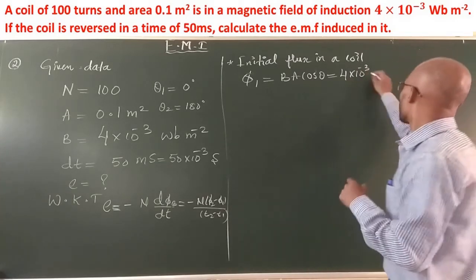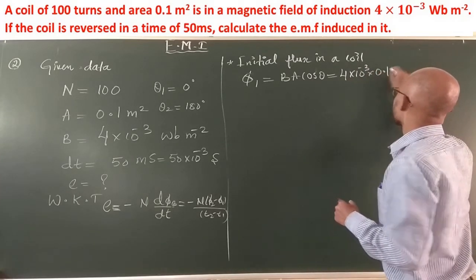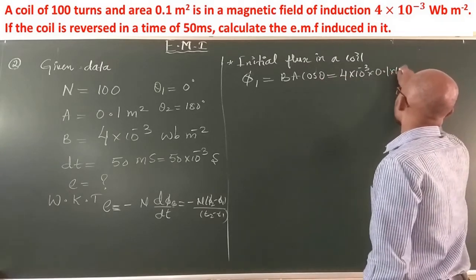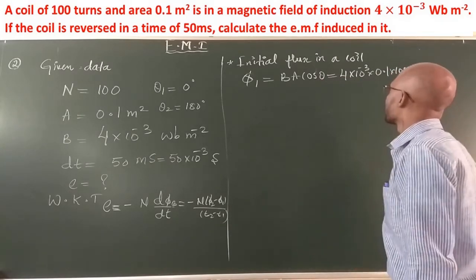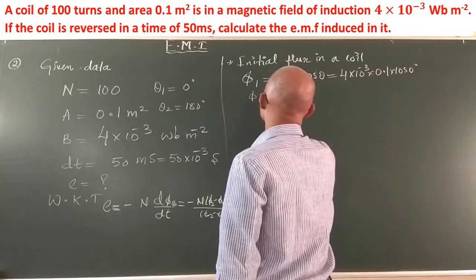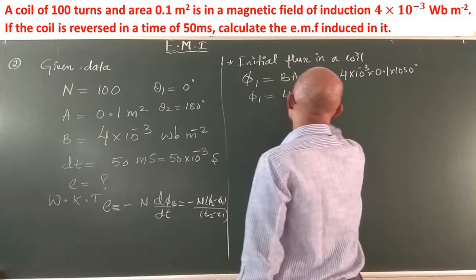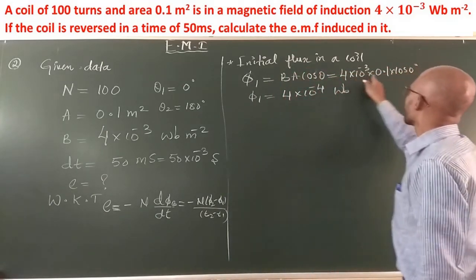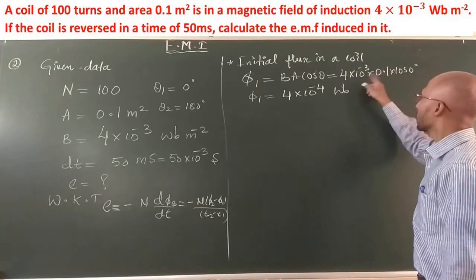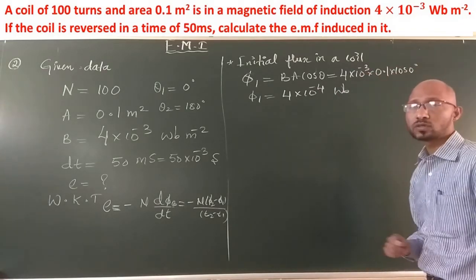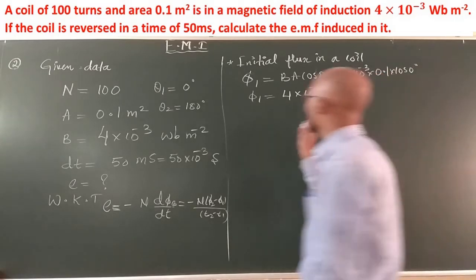The area is 0.1. The initial angle is 0, so cos 0. The initial flux comes to 4 into 10 raised to minus 4 Weber. Converting, 10 raised to minus 3 times 10 raised to minus 1 gives 10 raised to minus 4 Weber. This is the initial flux.